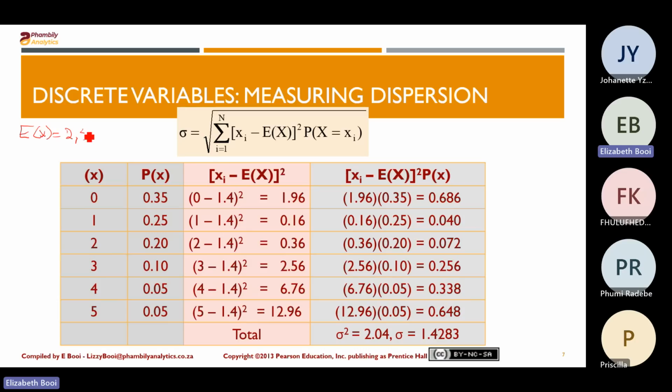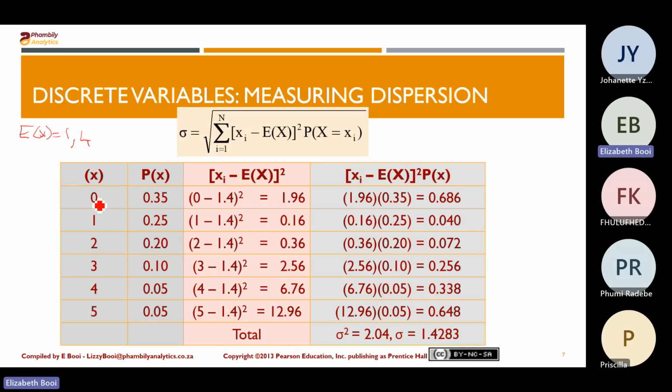Remember our expected mean, we calculated it and we found that it was, sorry, this one is different, we found that it was 1.4.